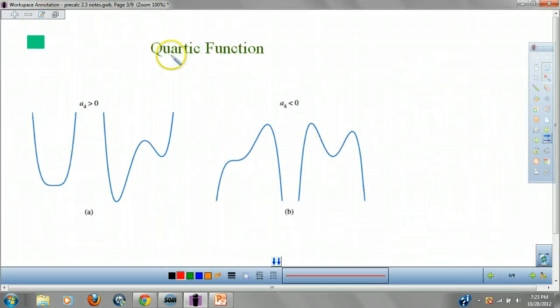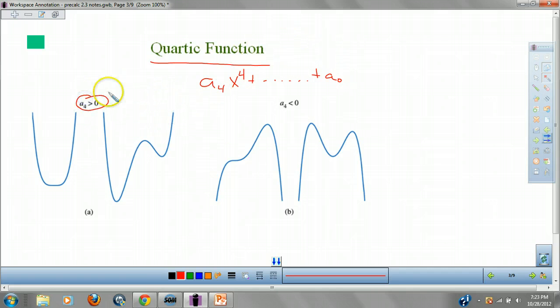Alright, let's talk about your quartic, aka you have some a_4 times x^4 plus ... plus some a_0. Well, if it's greater than 0, you have what looks like a quadratic equation that ate a little bit too much turkey at Thanksgiving, so it's a little bit wider.